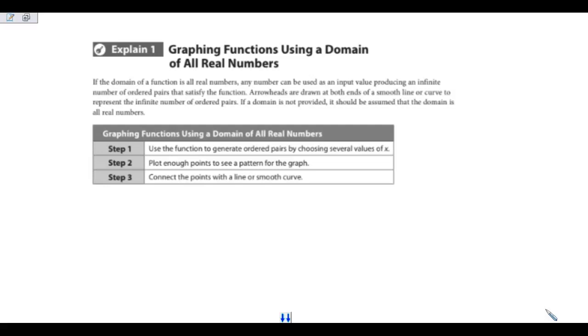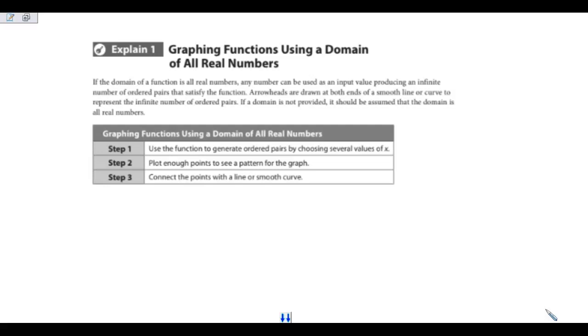So when we know that it seems to be working with every number, we can create a line by adding arrowheads at both ends of a smooth line or curve to represent the infinite number of ordered pairs.